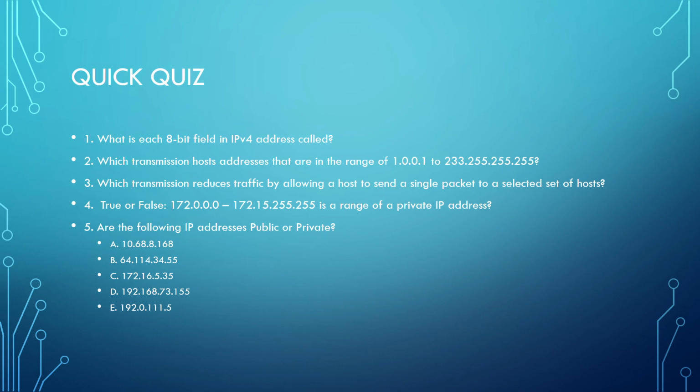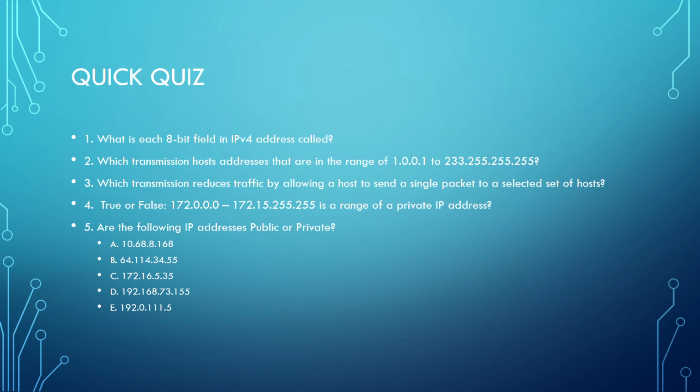And number five, which of the following IP addresses are public or private? 5A is 10.68.8.168. B is 164.114.34.55. C is 172.16.5.35.